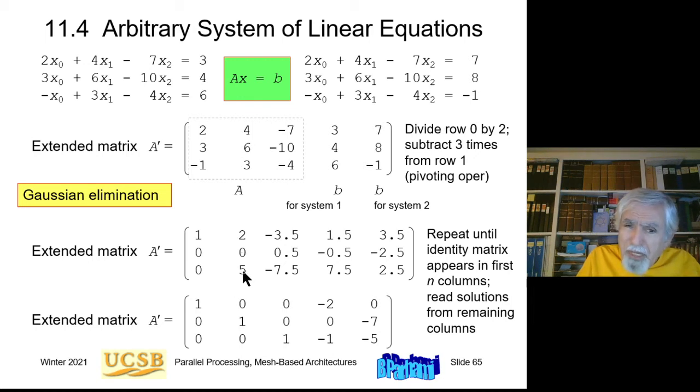So I have to subtract the multiple of 5 from 2 to turn it into 0. And that's basically 5 times 0.4. So I multiply this row by 0.4 and subtract it from this row. Okay, and so on and so forth.